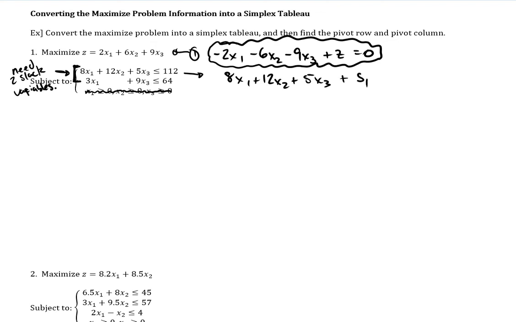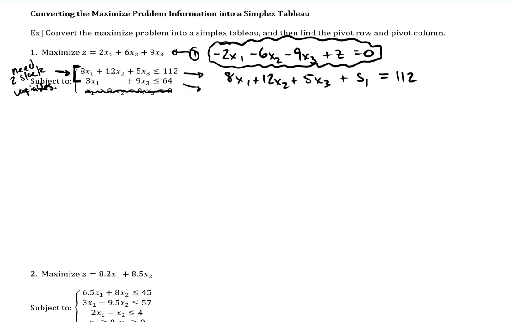So plus something, that's our slack variable, which we call S1. Then we can change the inequality into equals 112. This less than is saying these 3 don't exactly add up to 112, but if we put in something, we don't know what, it should equal 112.